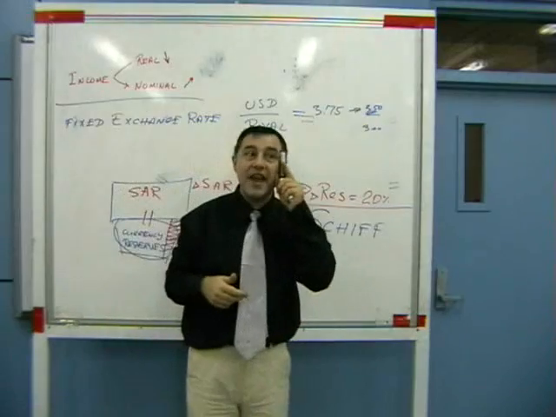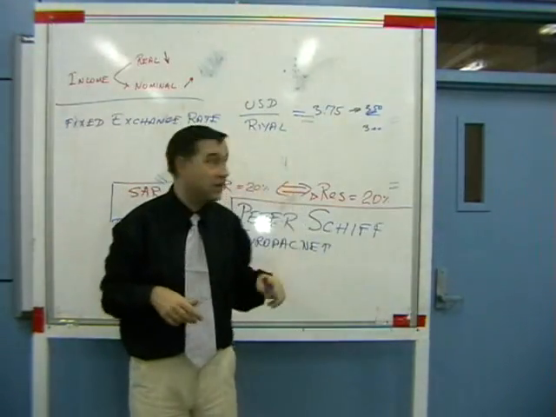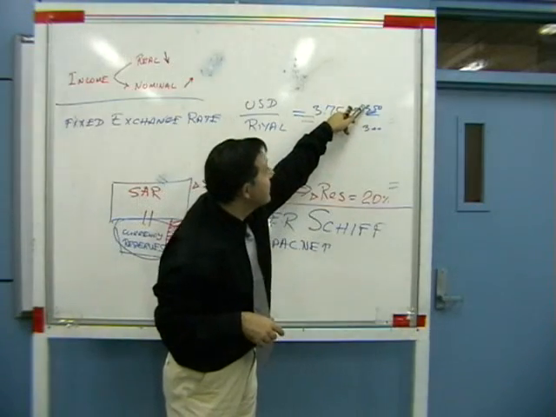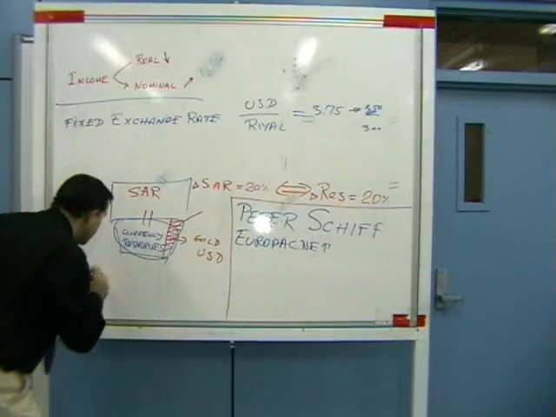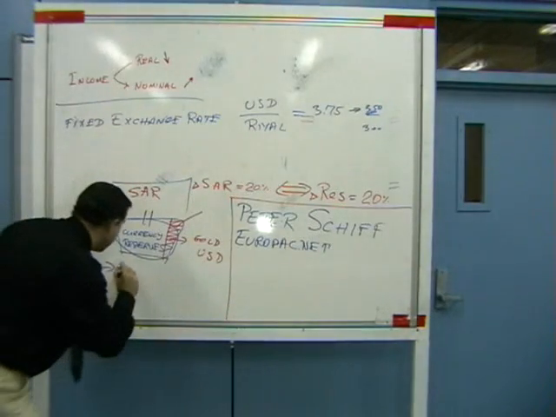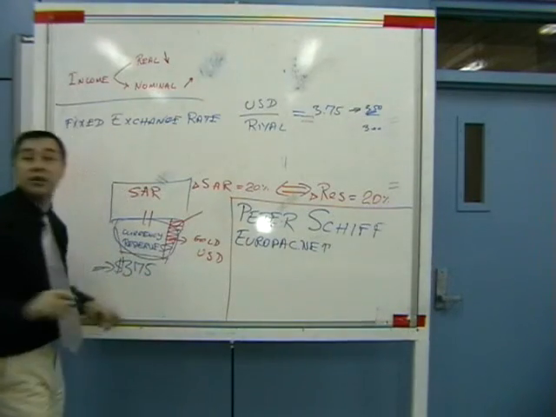Now, here is something else that you have to realize. During the process of revaluation, instead of 3.75, you revalue to 3.00. And you have accumulated, for example, $375 billion, right?